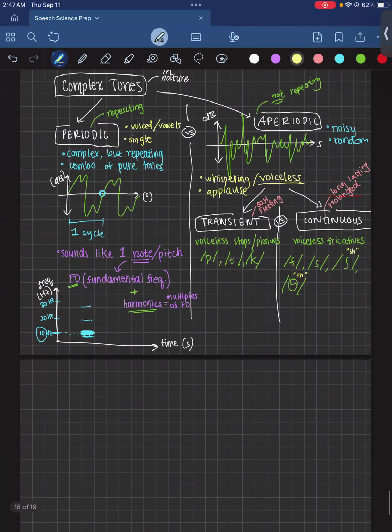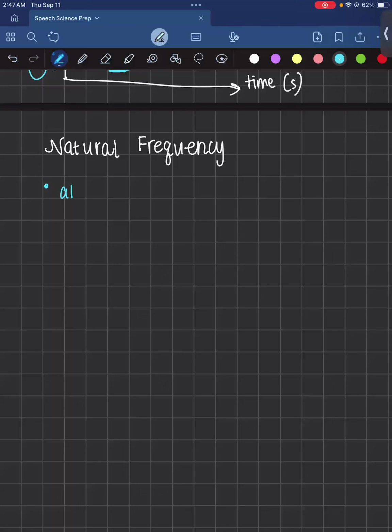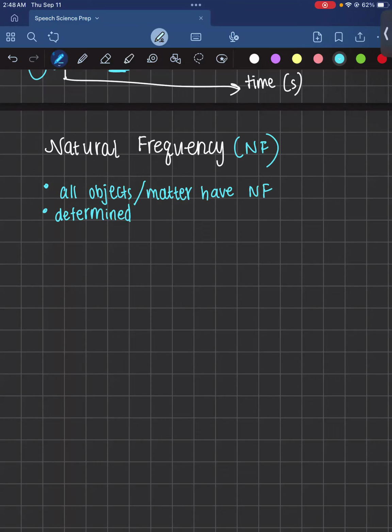And the next thing that I wanted to talk about is kind of switching gears, but it's about natural frequency. So basically, natural frequency is this idea that all objects, or matter, have a natural frequency, or NF, as you could also call it. And basically, this natural frequency is determined by physical characteristics.